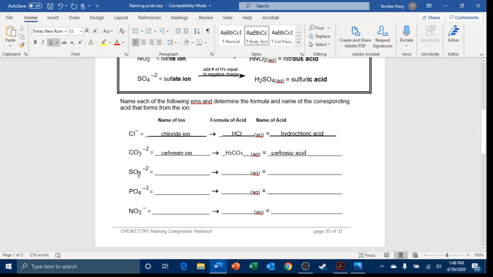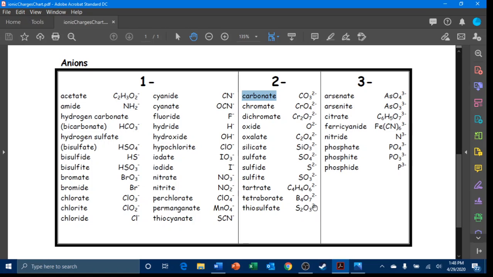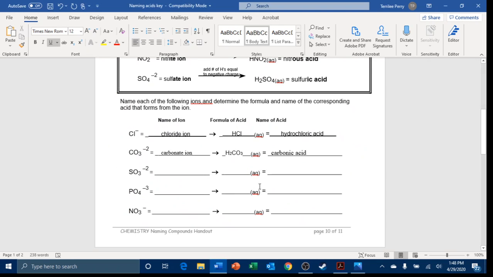So this is SO3. So let's look for SO3, and that is sulfite right there. All right, so SO3 has a 2 minus. So let's go back over here.